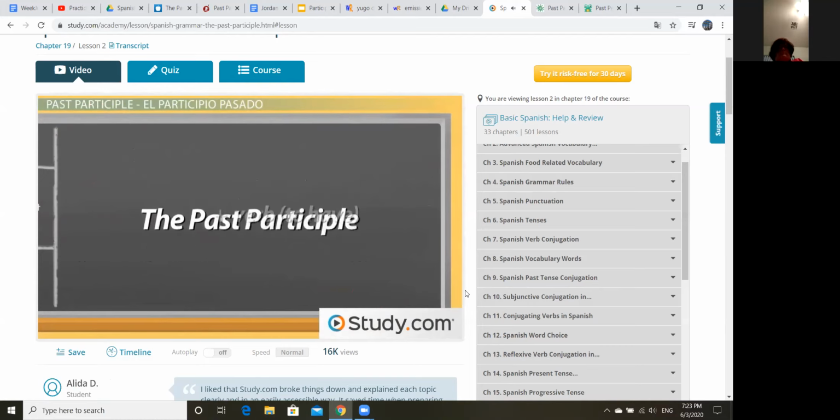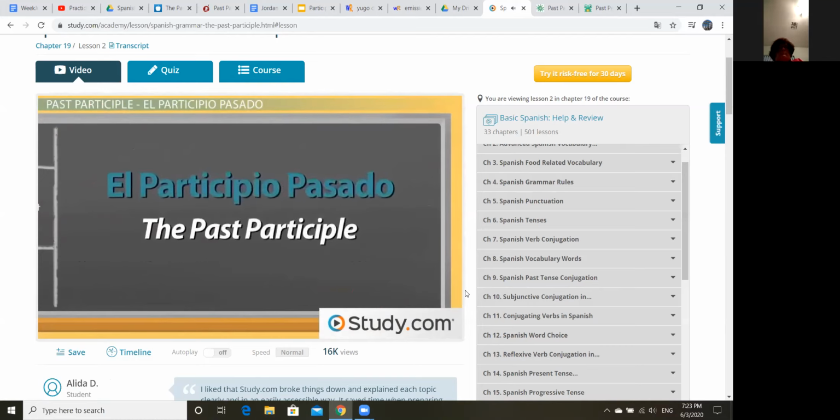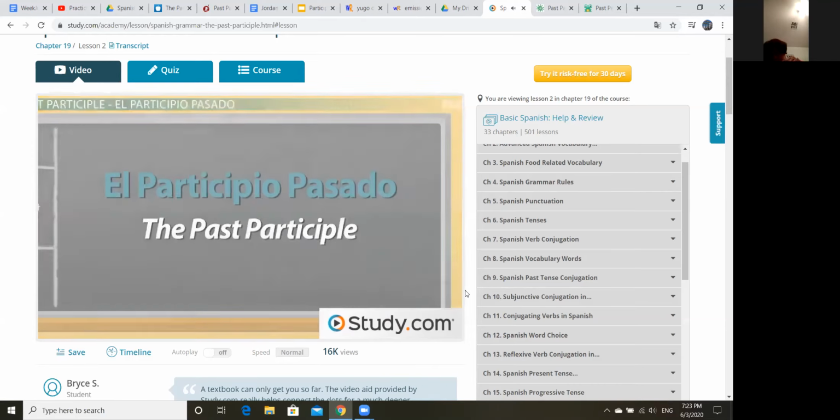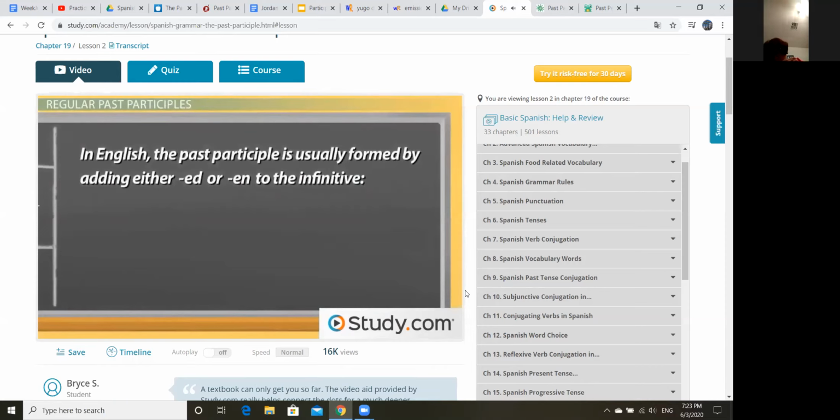Or you can use broken along with the helping verb to have and say, I have broken the window. In Spanish, the past participle, el participio pasado, is very similar. Although it cannot be used as a standalone verb form, it can be used as an adjective or in compound tenses. In English, the past participle is usually formed by adding either ed or en to the infinitive. Walk plus ed, walked, eat plus en, eaten, etc. When they end in ed, past participles look just like the simple past.